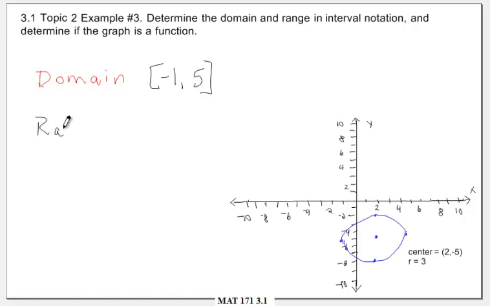The range is our y values, from the bottom to the top. So our range is negative 8 to negative 2. Now, is this a function? No, because I can draw a vertical line and it goes through 2 points. Therefore, this is not a function.